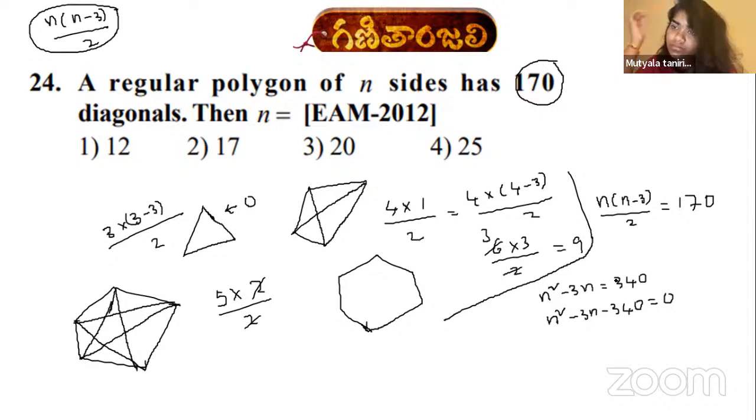That means we have to solve for n. How to solve it? Factorization. Find the numbers whose product is 340 and the difference is 3.